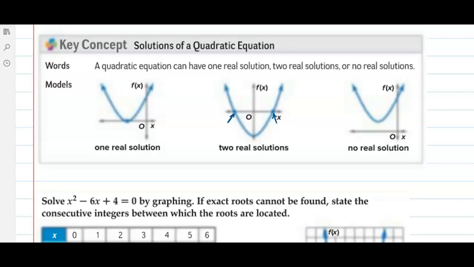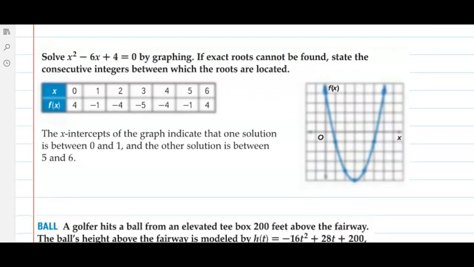Sometimes though, it's not going to cross twice, it's just going to touch once. And when that happens, we have one solution. And sometimes it's not going to even cross at all, in which case we would end up with no solution. Those are our three options when we're solving quadratic equations.